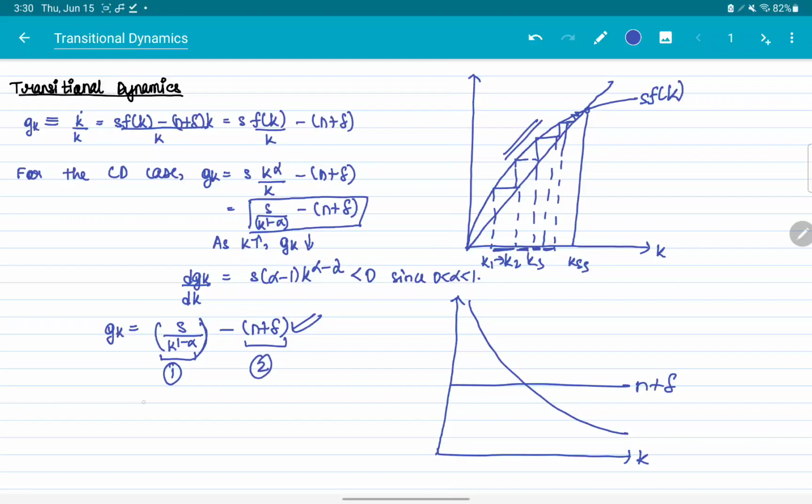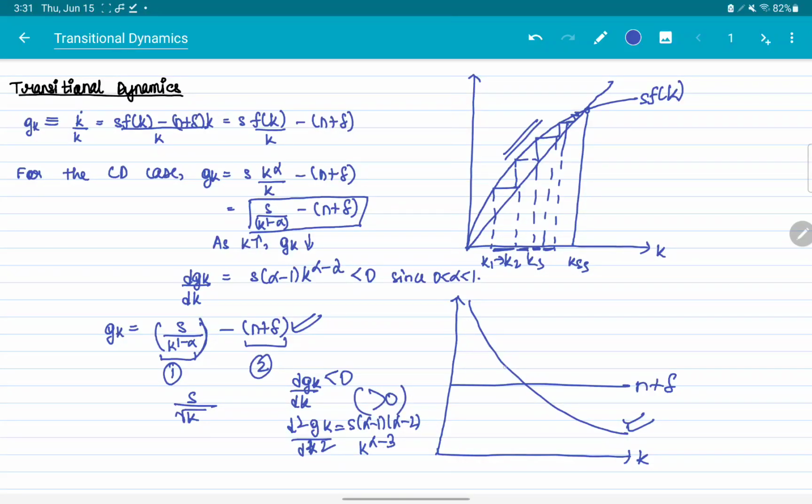Okay, and the reason is, let's just suppose alpha was 0.5, and then you'd get this, right? And this does indeed look like this. The way to verify this is dg_k/dk is negative, and d squared g_k by dk squared is, as you know, s (alpha minus 1)(alpha minus 2) k^(alpha minus 3), and this is positive, right?